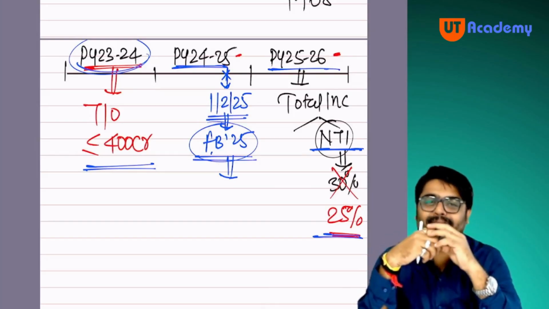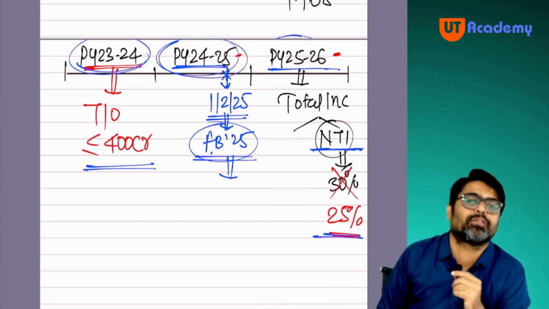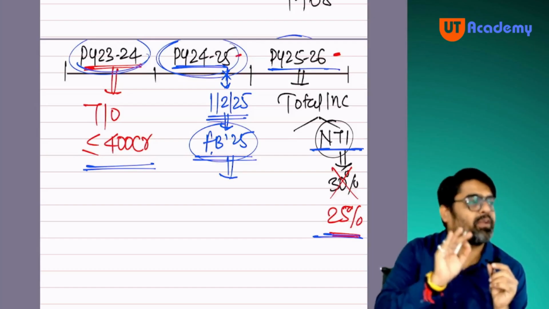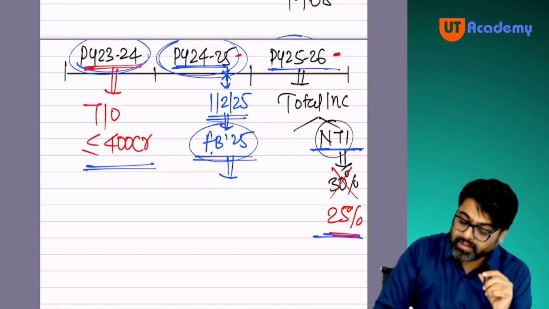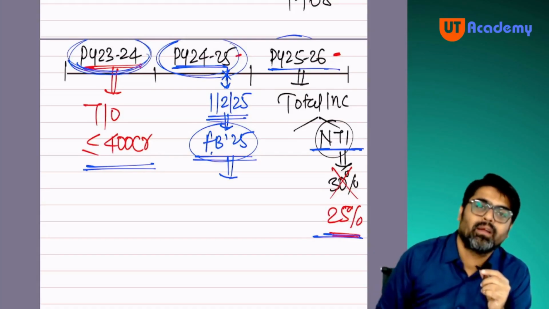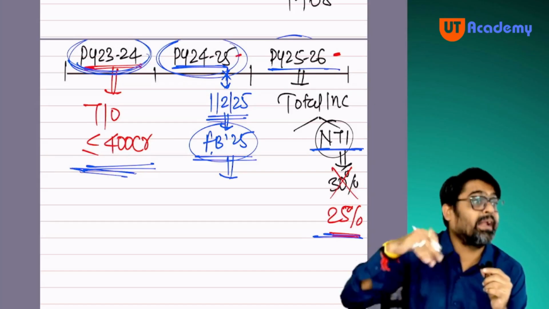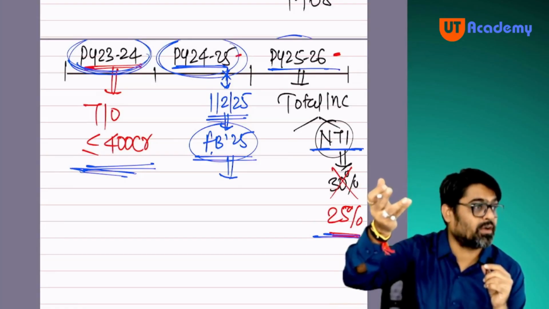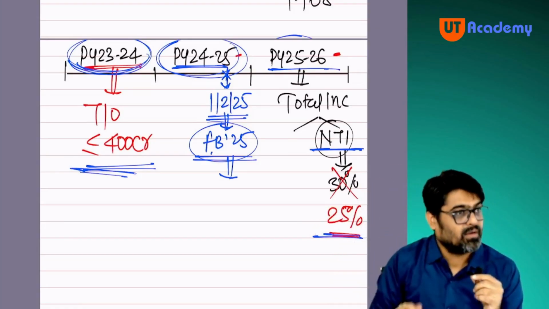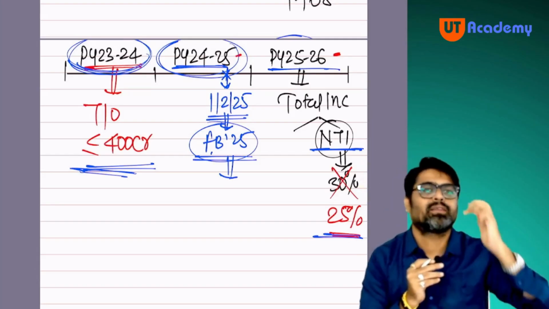A new company, which was formed in 24-25 or 25-26. Benefit of doubt will be given. What did I say? For this year, the company was not there at all. So how will you calculate the turnover for this year? Many times, the assessing officers, the income tax officers used to apply 30%. No turnover is available for that year, hence we will apply 30%.